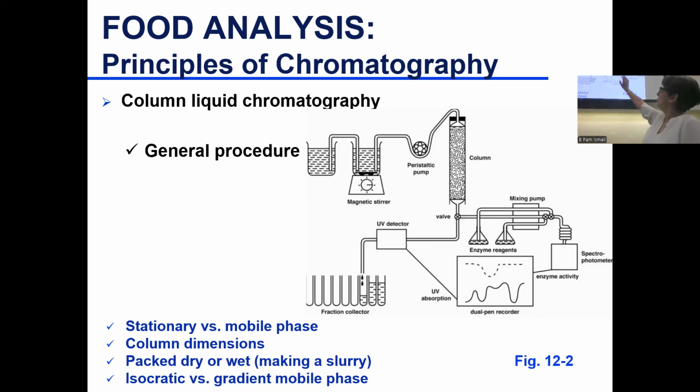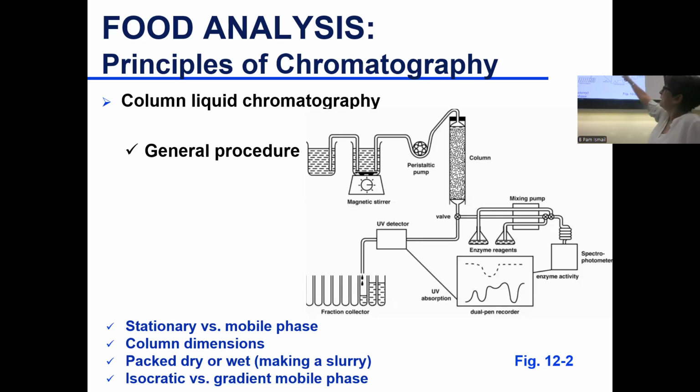So what you see there is your column that you packed, and then you have a peristaltic pump, and usually you have at least one solvent, but you can have two solvents that you mix to generate your mobile phase. You can actually change the concentration of the mobile phase over time as well. But hold that thought.